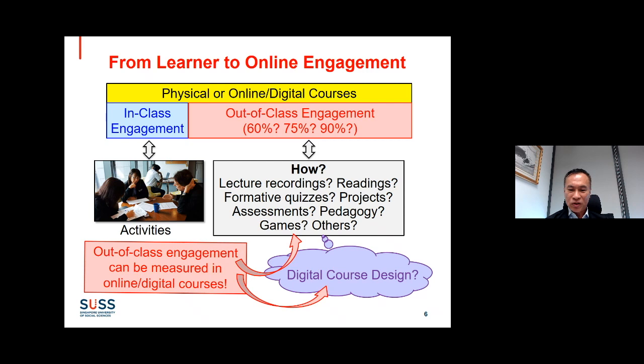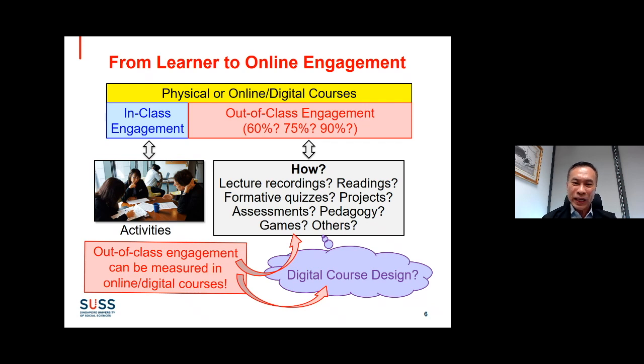Now, essentially, when we're talking about a course design, we're talking about the exposure of students to instructional materials, learning activities, and interactions. So essentially, we're talking about the gray box you see on this slide. We can put a lot of learning materials, a lot of interactions, a lot of activities online: lecture recordings, readings, formative quizzes, projects, assessment, games, and others. When we bundle all this together, we create a particular course design.